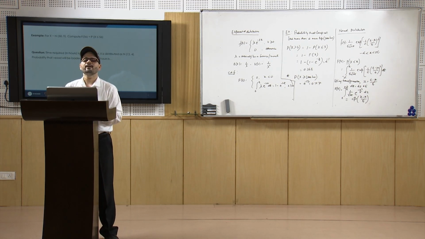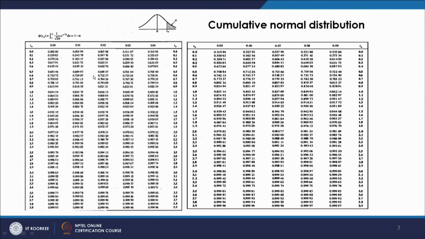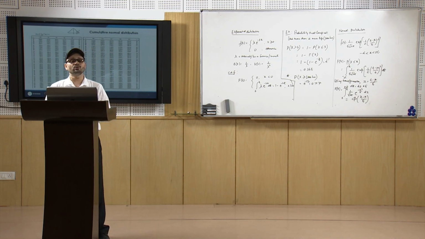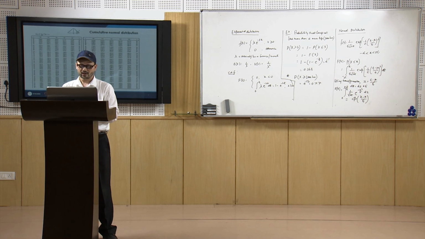You have to see the minus 1 value, and the minus 1 value will be the complement of the value for 1, which is 0.84134. So, it will be 1 minus 0.84134, which is 0.1587, something like that. So, this way you calculate the cumulative probability values in the case of normal distribution.